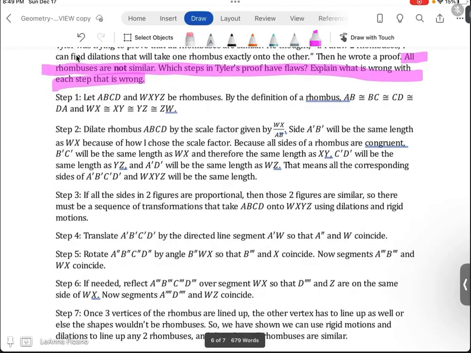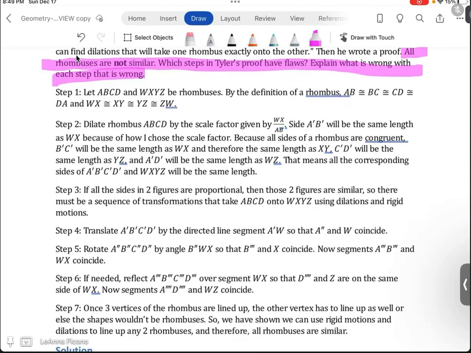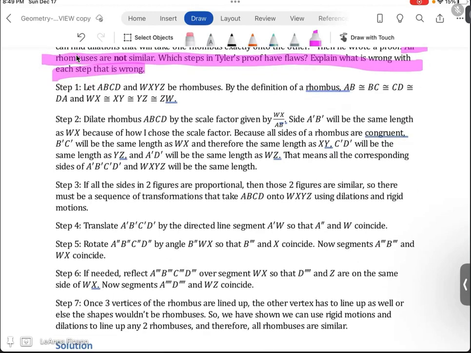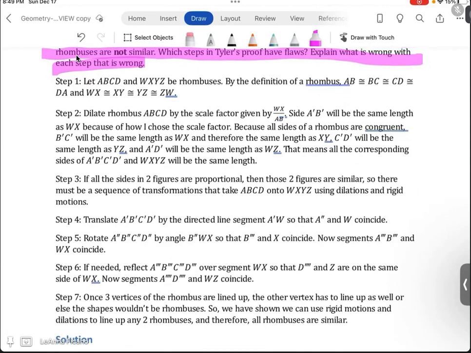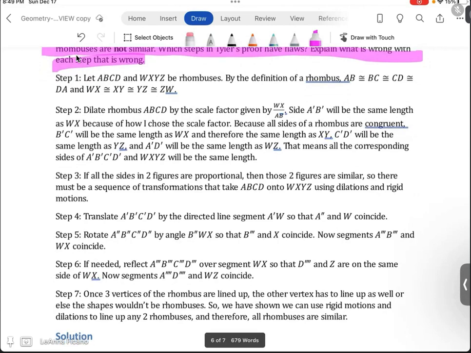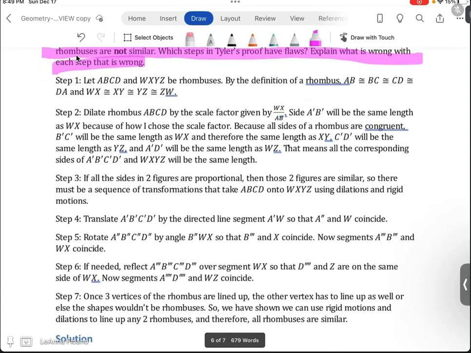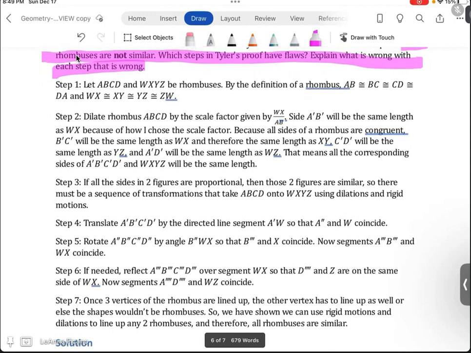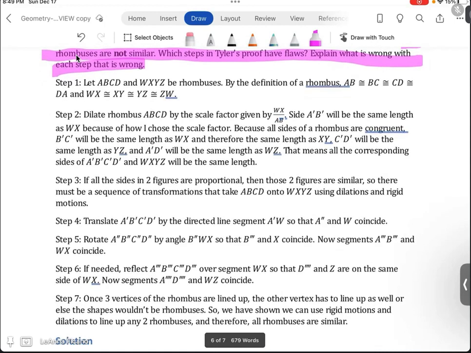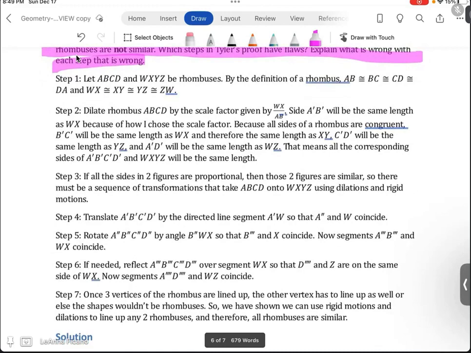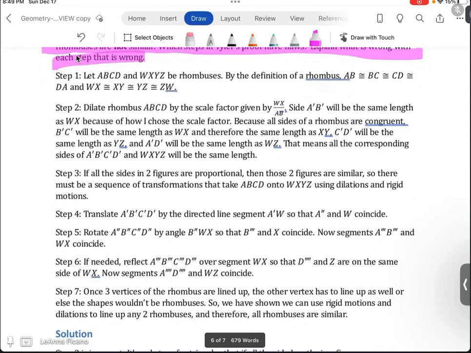Step 2: if you dilate rhombus ABCD by a scale factor given by WX over AB, side A prime B prime will have the same length as WX because of how I chose the scale factor. Because all sides of a rhombus are congruent, B prime C prime will have the same length as WX, and therefore the same length as XY.